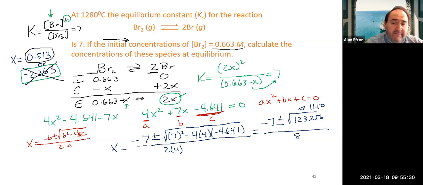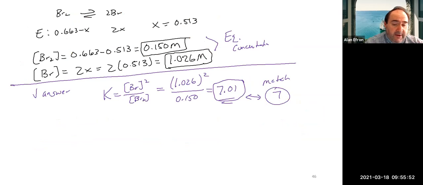And clearly you can't have a negative concentration. So one of the answers from the quadratic will not make sense. That's obviously going to be the incorrect one, while the other answer would make sense. And that's what you would put into the equilibrium line. And that would get you your equilibrium concentrations in this case, like what we did here.